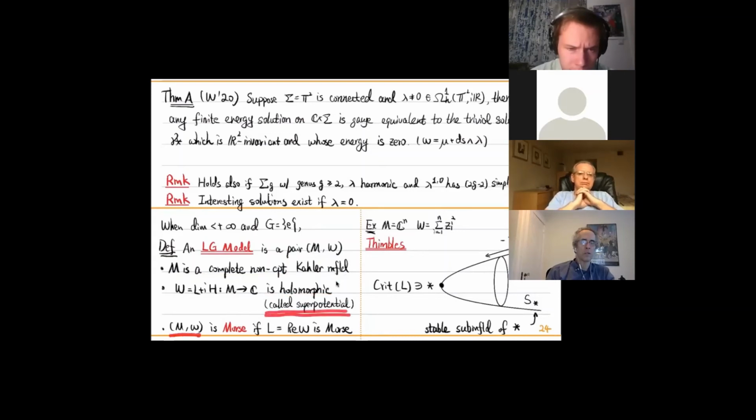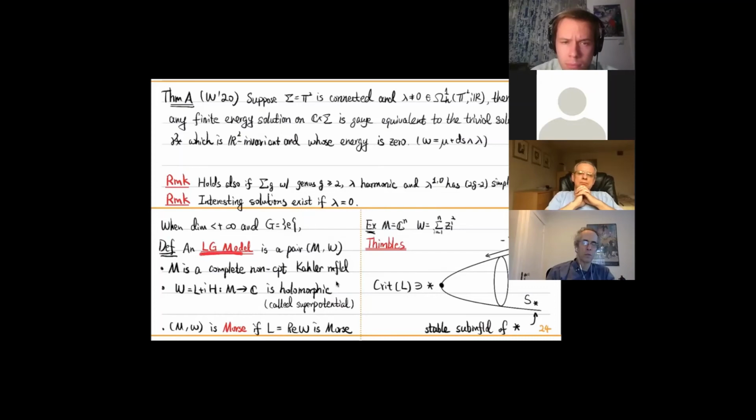And an LG model is called Morse if the real part of the superpotential is a Morse function. The simplest example is when M is C^n and the superpotential is the sum of squares. This is the definition when the dimension of M is finite and when the structure group G is trivial. And we are going to generalize this definition later.